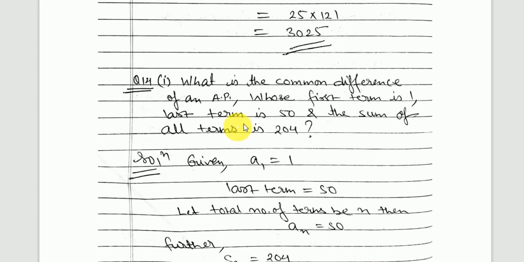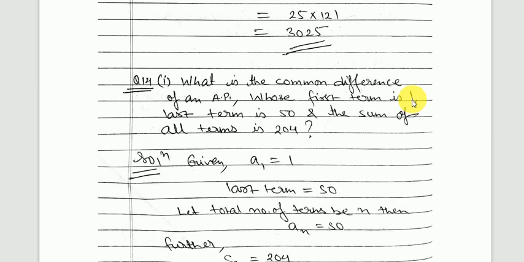Question number 14.1. What is the common difference of an AP whose first term is 1 and last term is 50 and the sum of all the terms is 204? Here they are asking you to find the common difference of an AP whose first term is known to you.